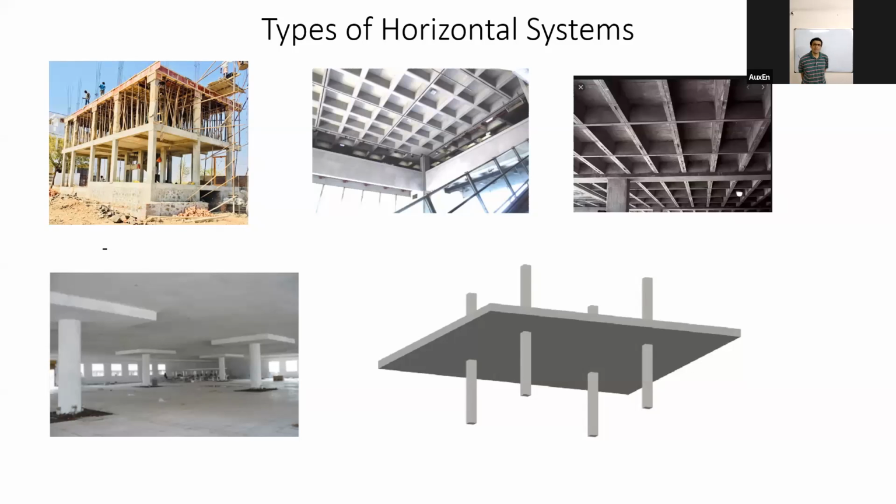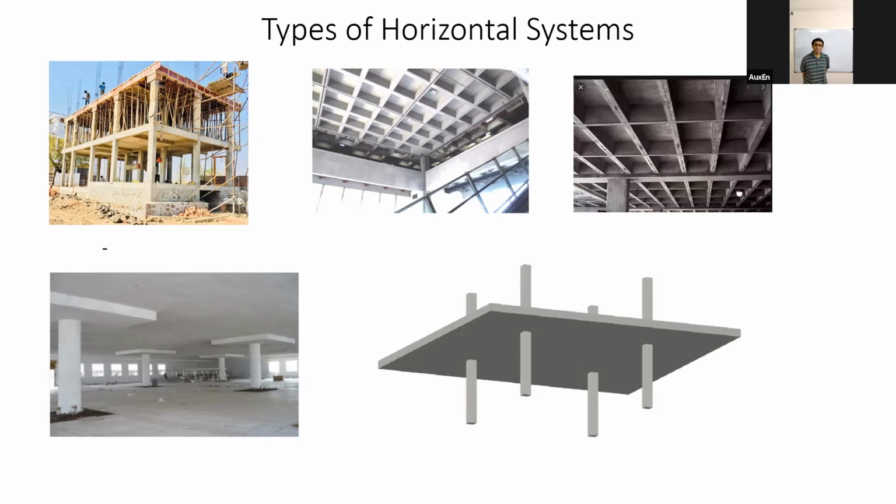Now, how is the general load transfer taking place in a normal conventional slab system? So the load transfer path which you see is from slab to beam, and beam to column, and column to footing. That is the general load path that you have. Now, what is the load path that you have in a flat slab or a flat plate system?